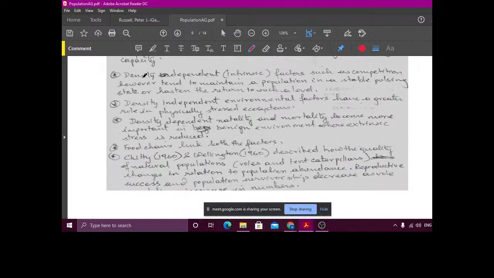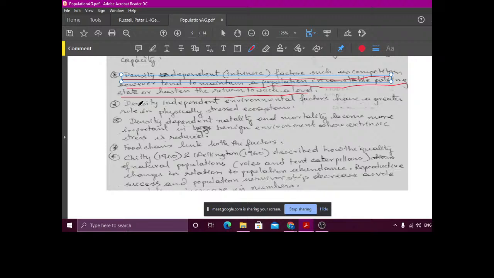So this is density dependent or intrinsic factors such as competition, however, which tend to maintain a population in a stable pulsing state or hasten the return to such a level.